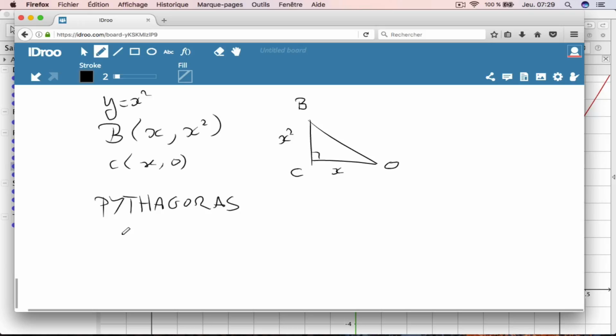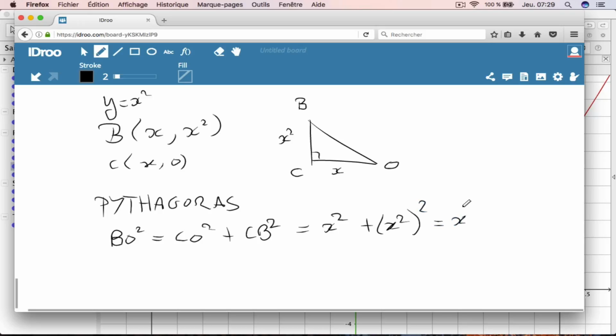So let's use Pythagoras. We've got BO squared equals CO squared plus CB squared. So that means we've got x squared, and plus x squared, don't forget, parentheses.